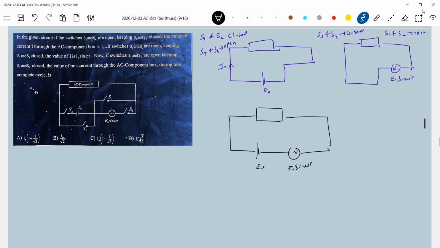The value of RMS current through AC component box during one complete cycle will be. So when both AC and DC are going to flow here, I think definitely there'll be a resistor only, or any other thing. So let's not bother. This may not help us. So both AC as well as DC, what is the RMS value of this, E naught by root 2?